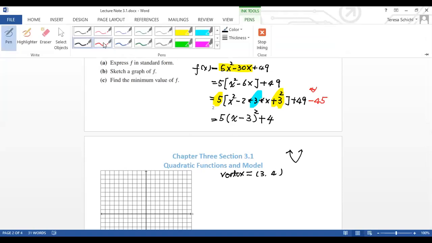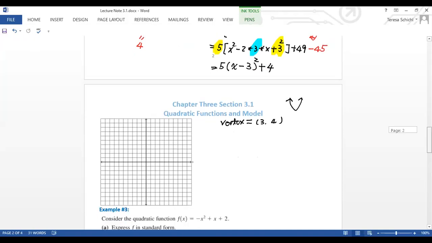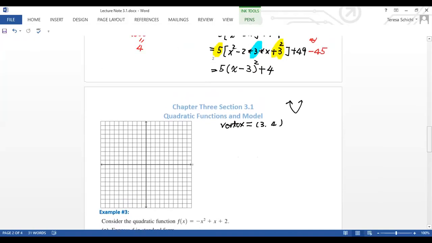So what is my minimum value here? The minimum value is k, right? So the minimum value here is 4, because it opens up. If you want, you can just sketch the graph. You can say the vertex is (3, 4), so you go 1, 2, 3 across and 1, 2, 3, 4 up.